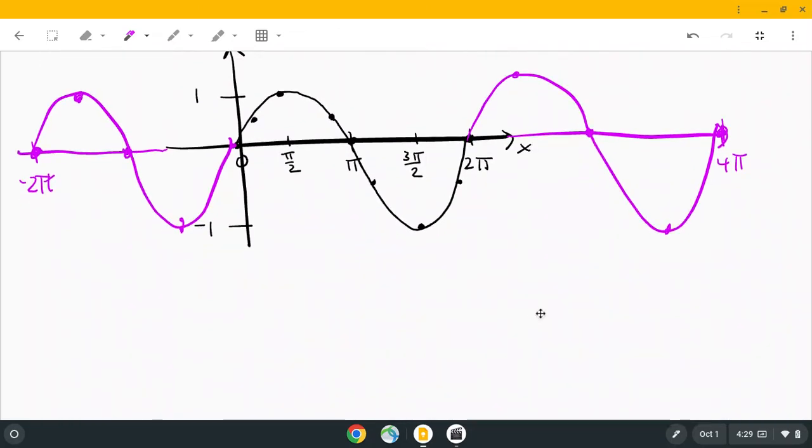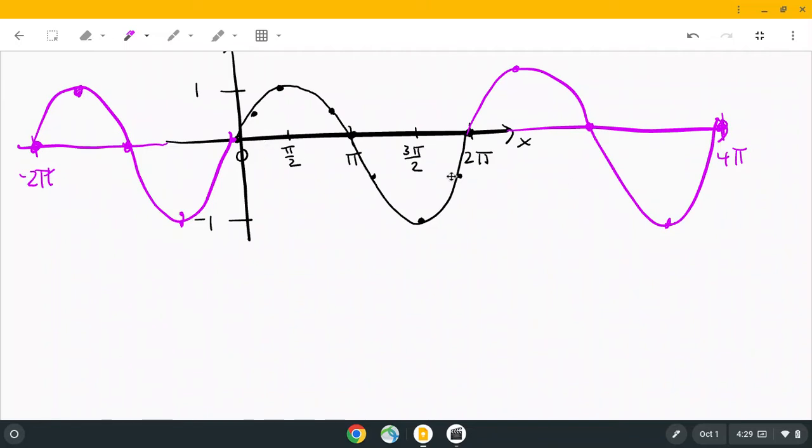But one of the things that you want to take note of is the fact that, okay, when we have this sine graph, we know that we have 0 at the endpoints and 0 in the middle. And then halfway between here, we have 1. And then halfway between here, we have -1.